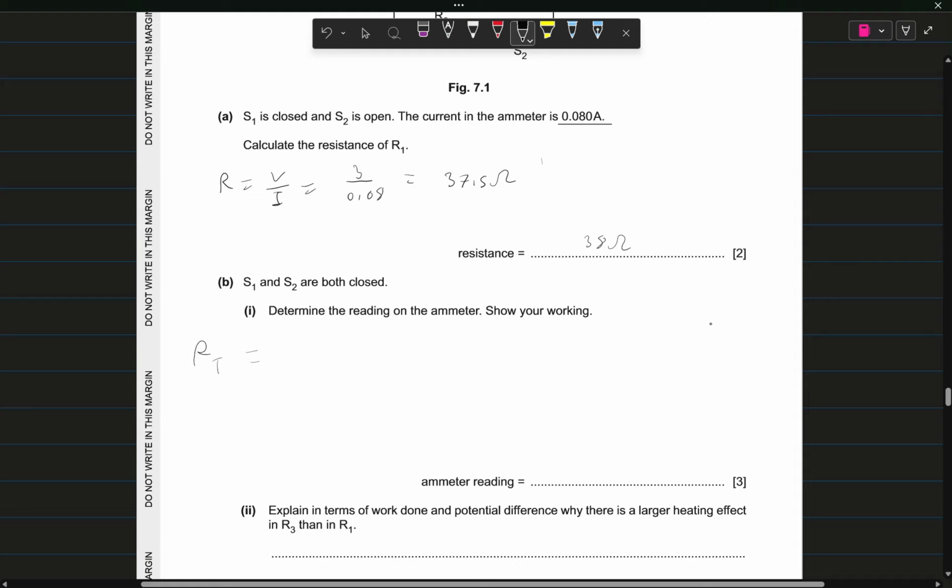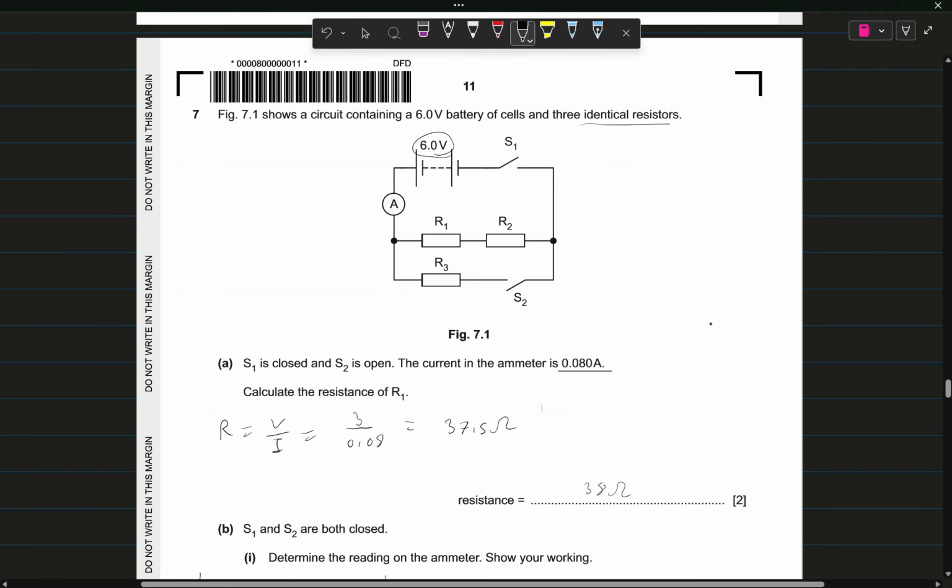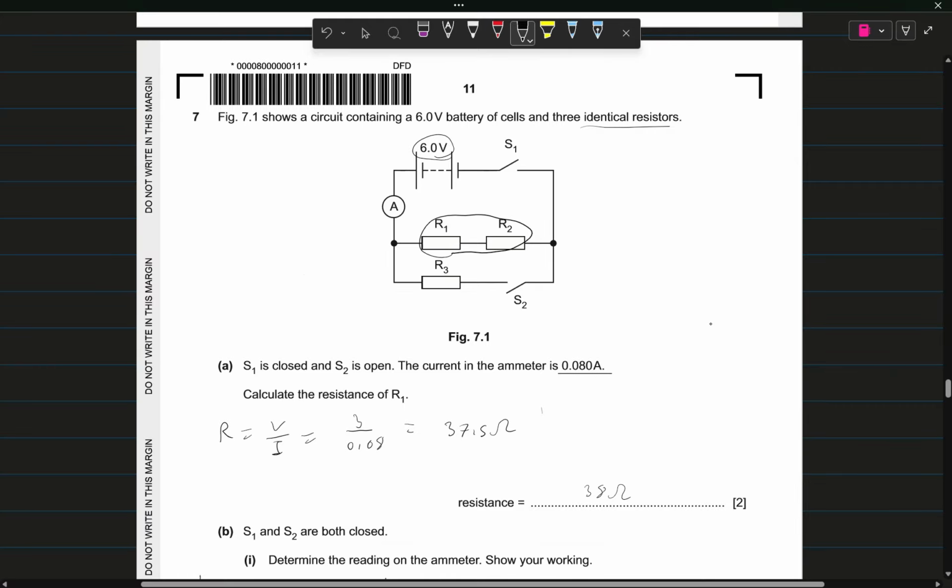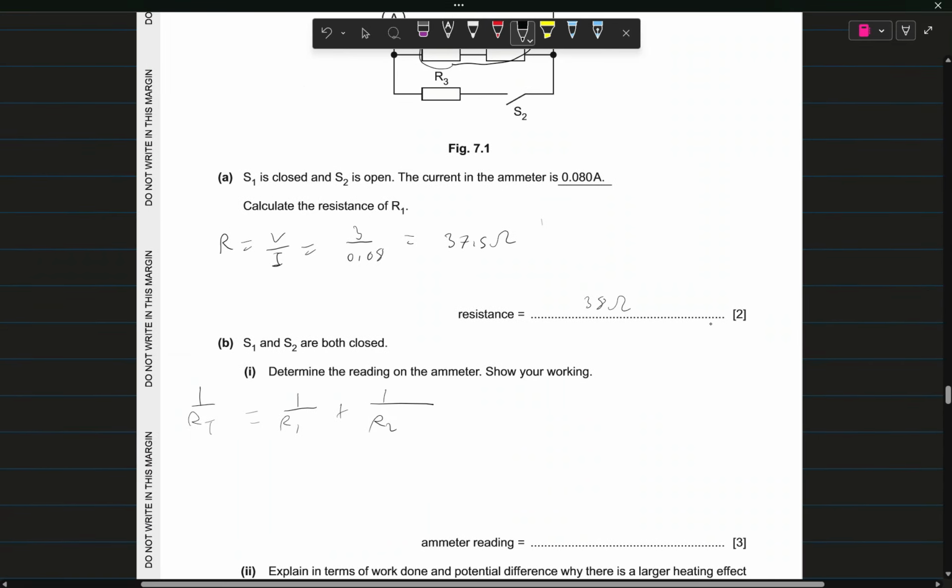First of all, to find the reciprocal of RT, which is the overall resistance, that will be 1 over R1 plus 1 over R2. But here, since we have 2 of them on the same branch, that means we have R2 plus R3, like so.